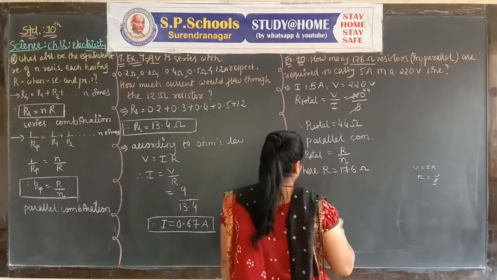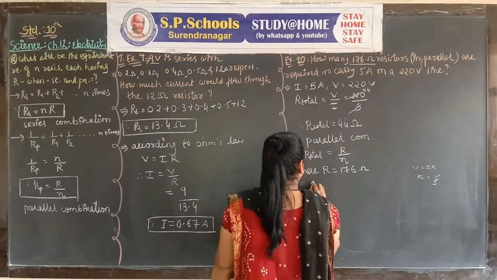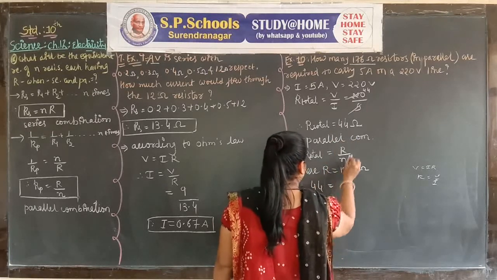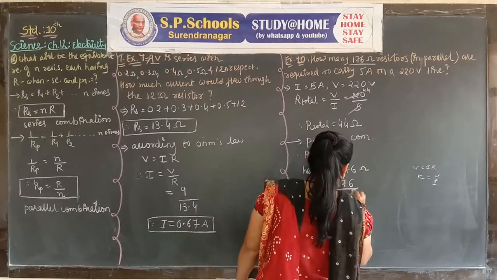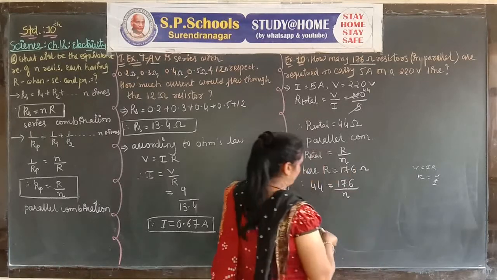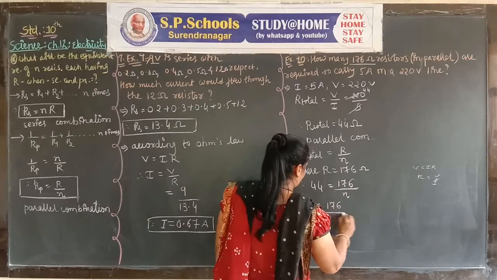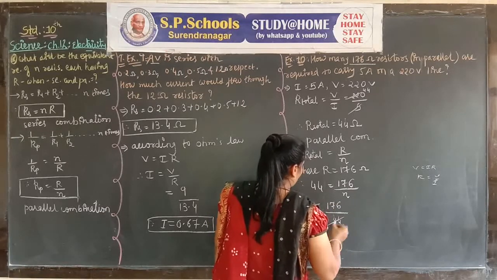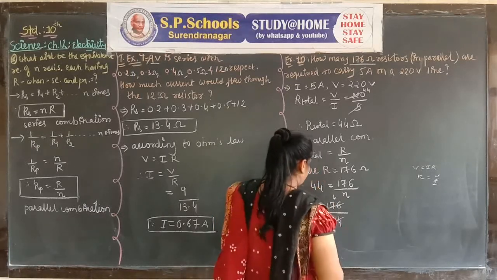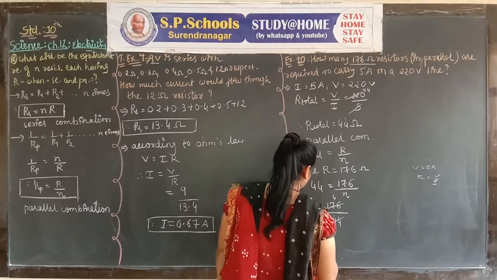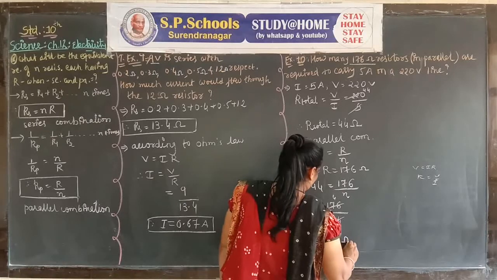Our R total we already found, 44. So 44 is equal to 176 upon small n. When we make n the subject, we take 176 upon 44. 44 multiplied by 4 gives 176. So n is equal to 4.